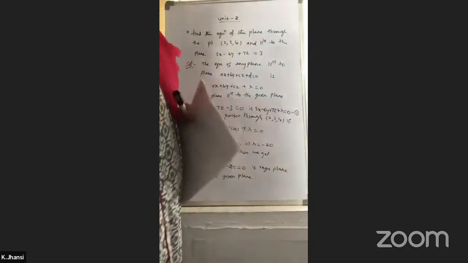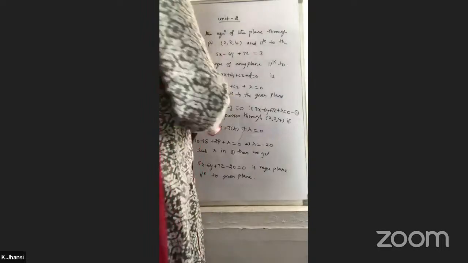For this, two planes will be given: ax plus by plus cz plus d equals 0 and a1x plus b1y plus c1z plus d1 equals 0. The formula for the bisectors of the angle is on page number 67. There are example problems 3.2.1, 3.2.2, and check your progress as well. This is one of the important topics for 10 marks in Section A, and you will also get the 9th B question from this.